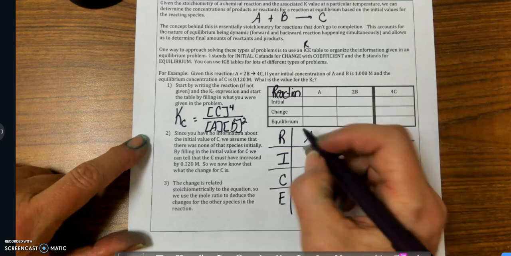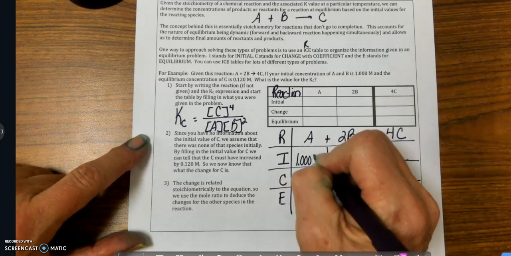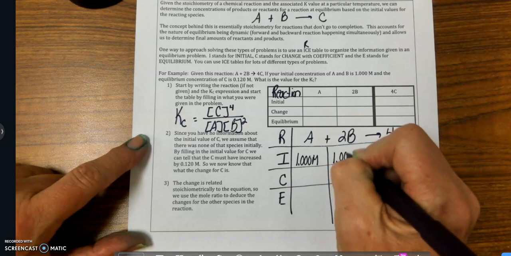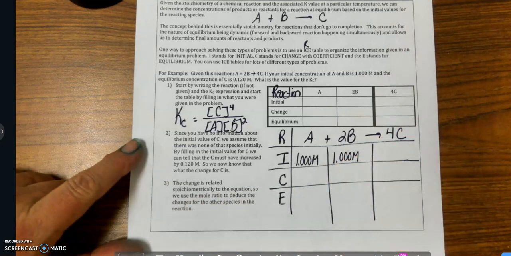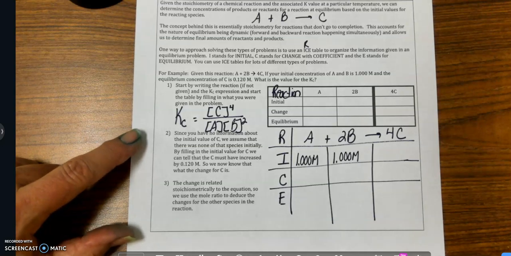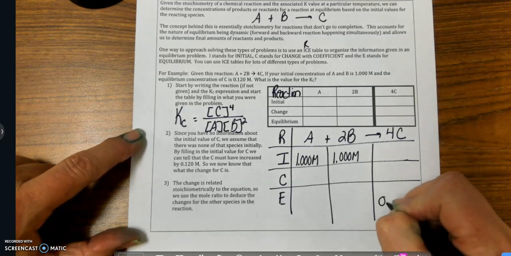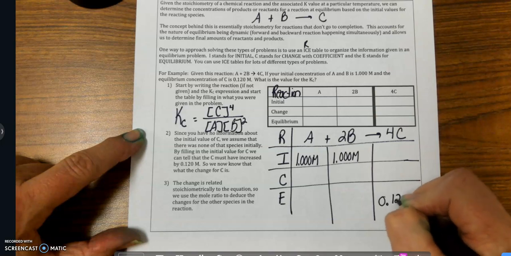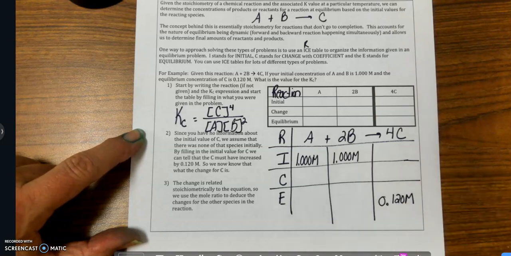Okay, now what we're going to do is, it says here that my initial concentrations of A and B are 1 molar, so I'm just going to write that in here. Remember that your concentrations for reactions that are in solution are going to be in molarity. And then my equilibrium concentration is down here, and that's 0.120 molar of C. And that's all I have.